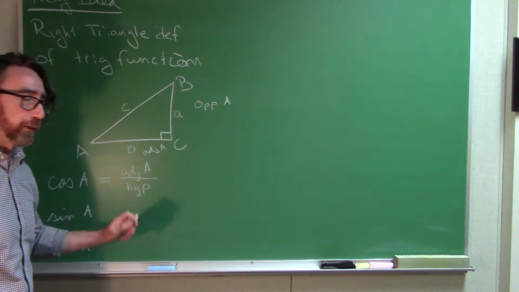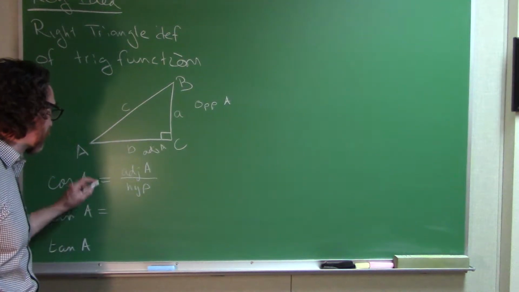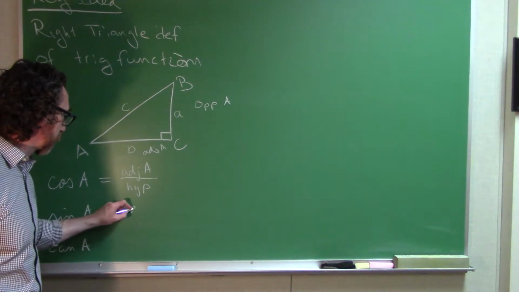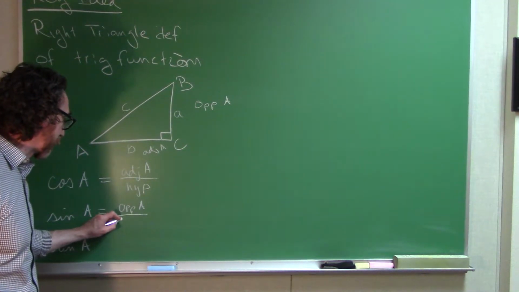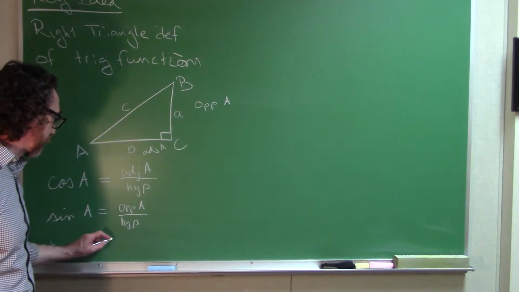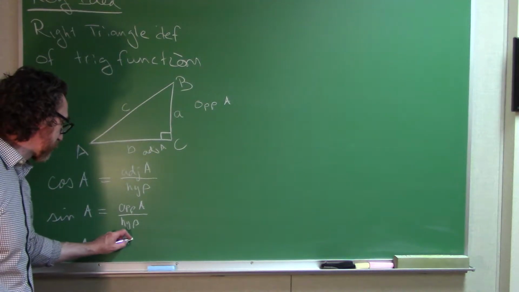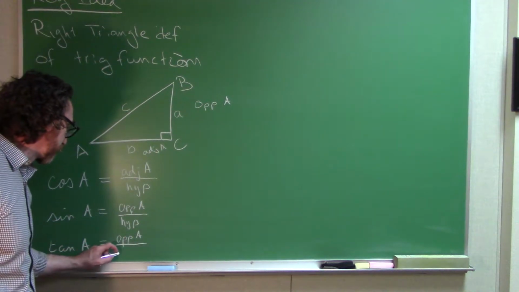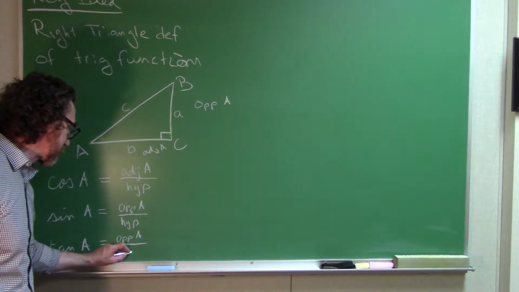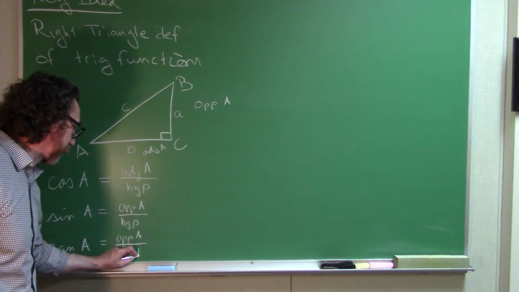The adjacent side over the hypotenuse. If I want the sine of angle A, I want the opposite side over the hypotenuse. If I want the tangent of angle A, I want the side that is opposite angle A over the side that is adjacent to angle A.